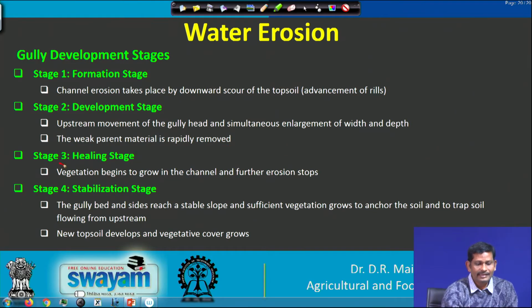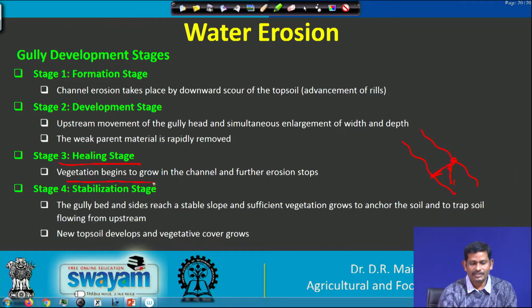Then there is a healing stage. After a bigger storm hitting the ground, the gully has enough width as well as depth. After that, the gully is no more under the development stage. That is called the healing stage.